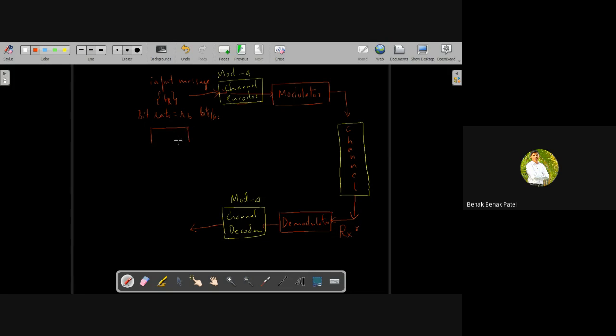Now any block that I consider is associated with its own size. So here we have written the subscript k, and k represents the size of the block. So what is k over here? K is the size of the message block. So I can think of this message to be a block containing k number of bits.